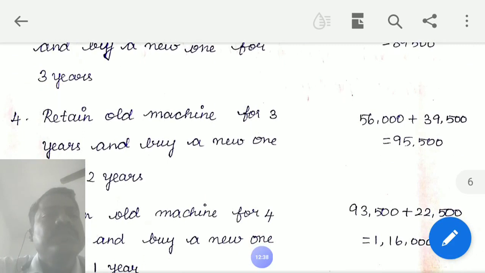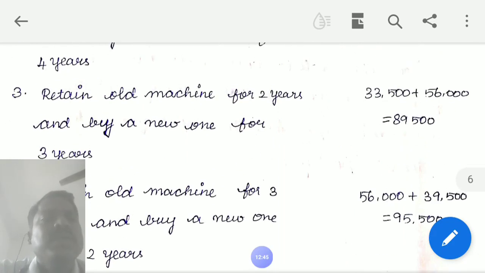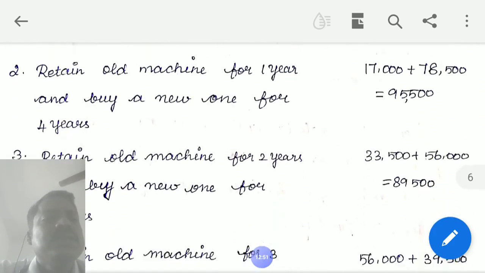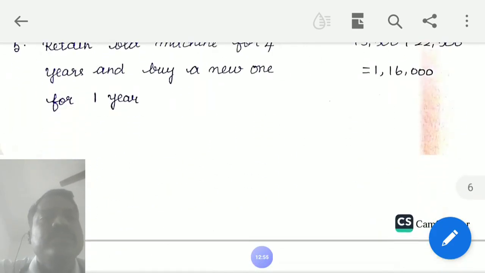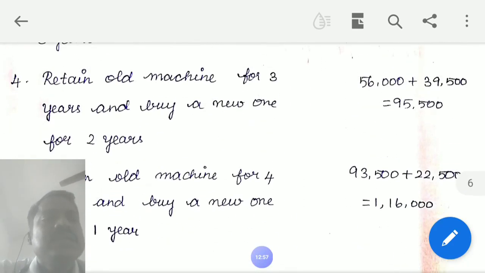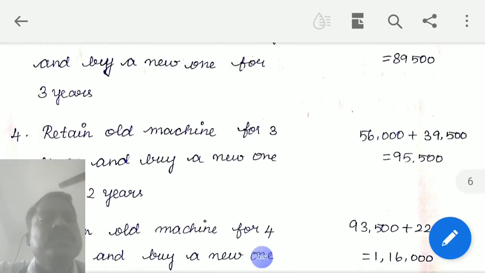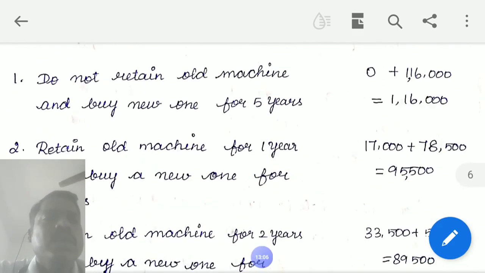Then the total associated cost of policy 4 is greater than 95,500, greater than the remaining policies 3, 2, 1. Therefore, minimum total associated cost is policy 3, and policies 5 and 6 are also greater than the total associated cost of policy 3, 2, 1.